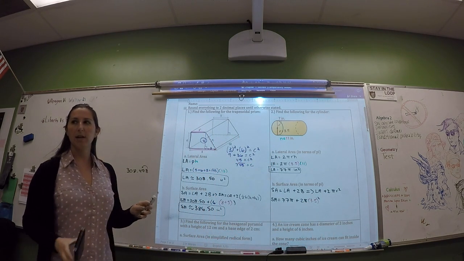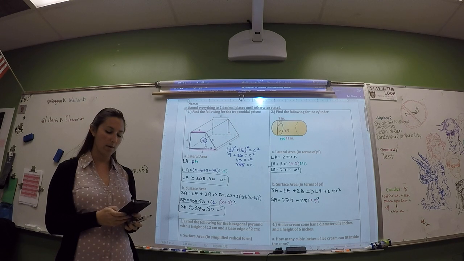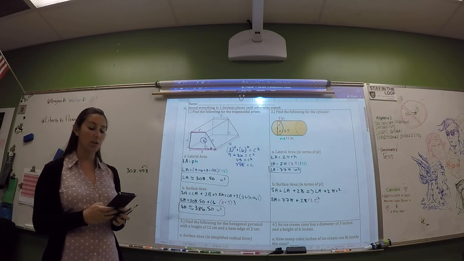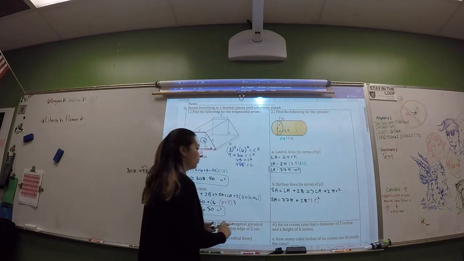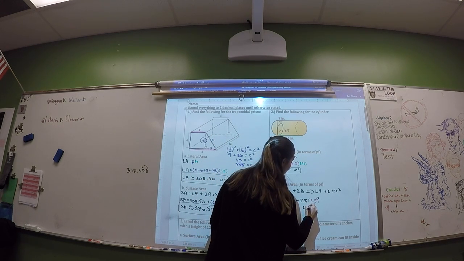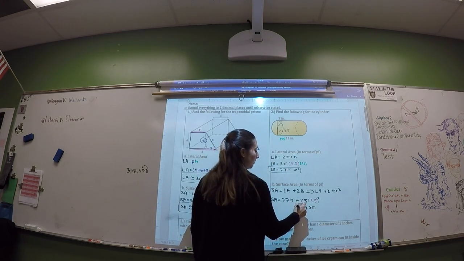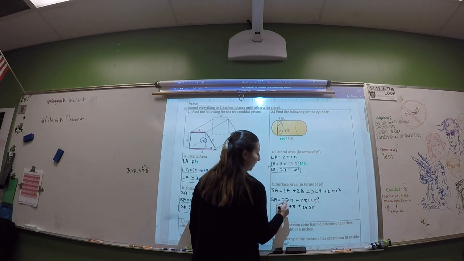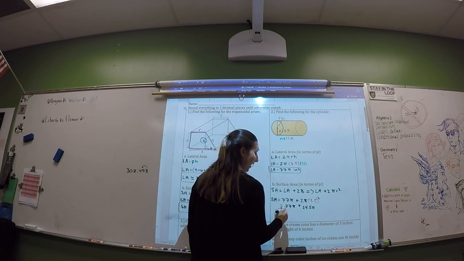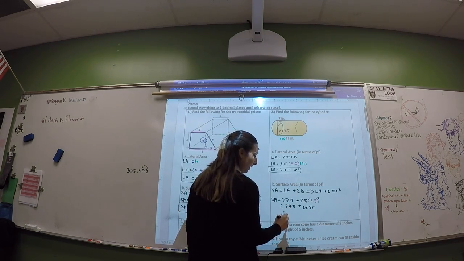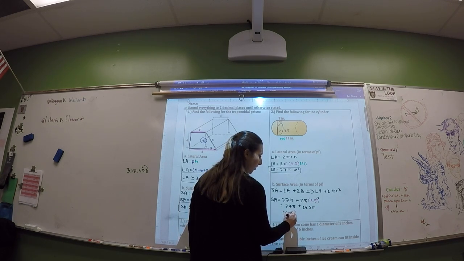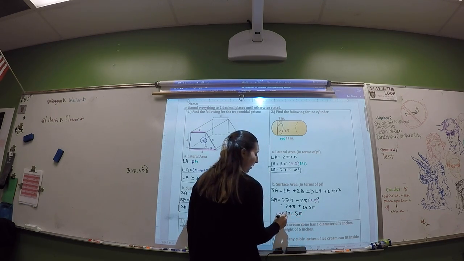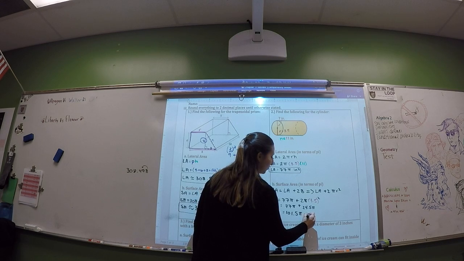You might want to use the calculator for 3.5 squared. Then you multiply it by 2 and you get 24.5. So you have 77 pi plus 24.5 pi. That's going to be 101.5 pi inches squared.